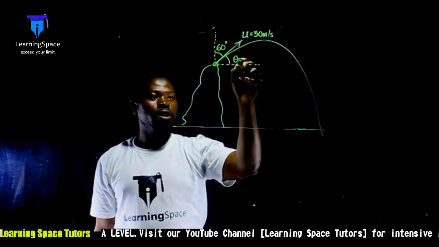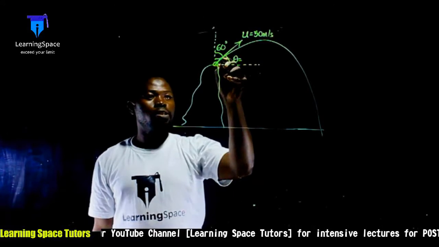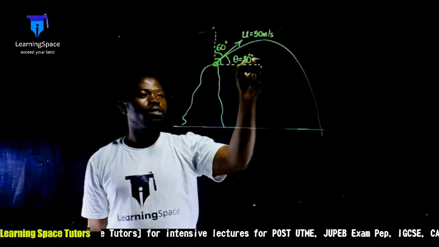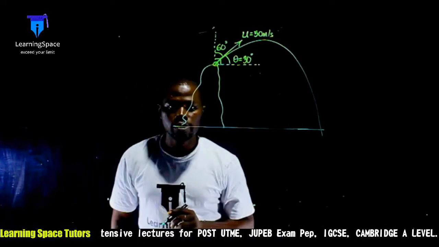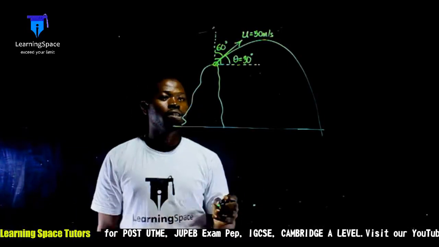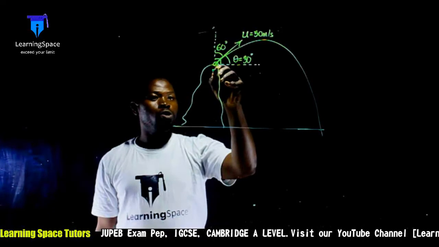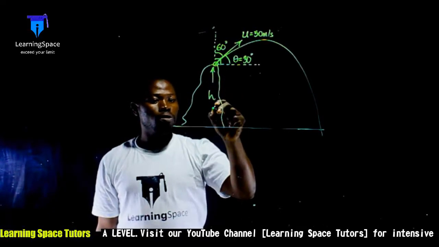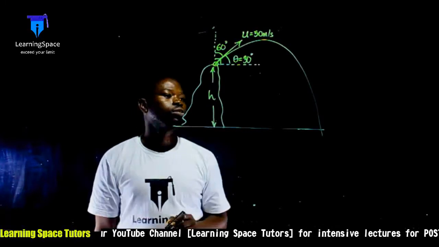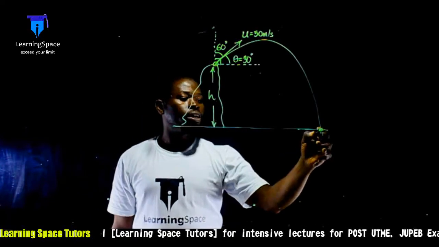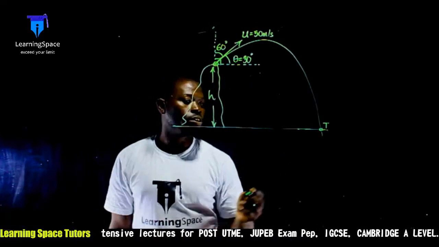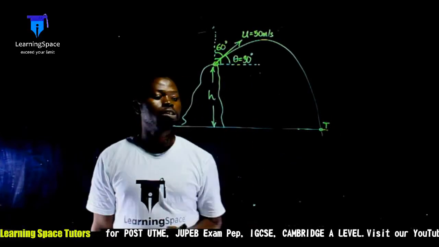This angle here, since you know that this is going to make 90 degrees, will give us what? Theta will be equal to 30 degrees. The question says you should calculate the time of flight, whereas you are given the height of this cliff. Let's call the height h. The time it takes to land on the ground from the point of projection, let's call it capital letter T.